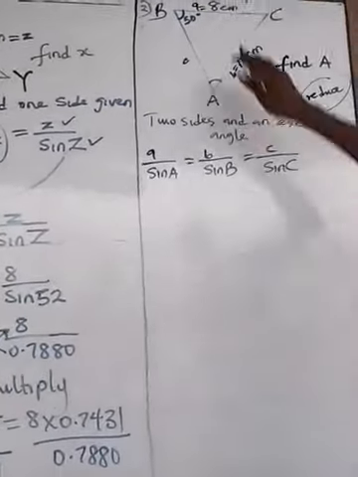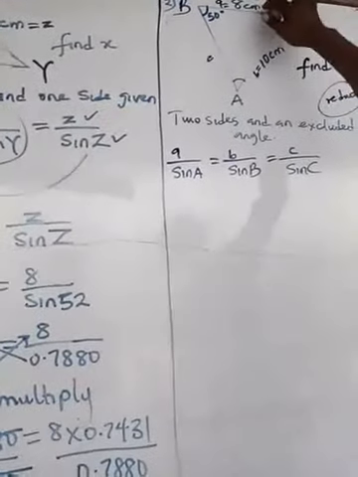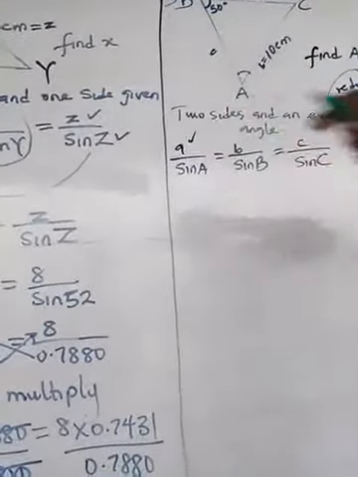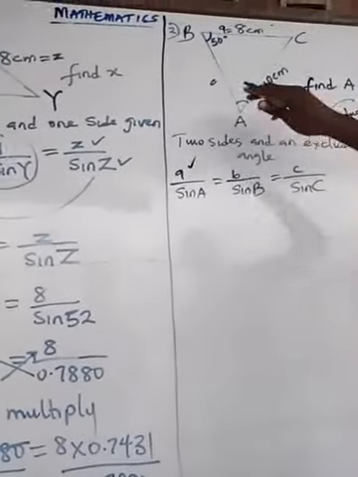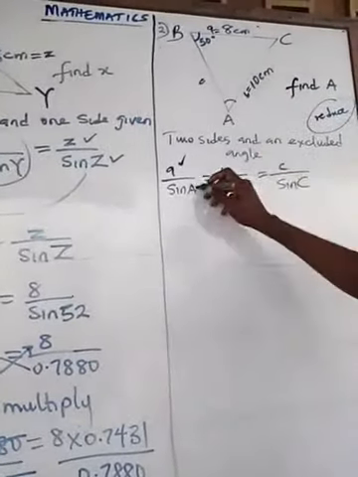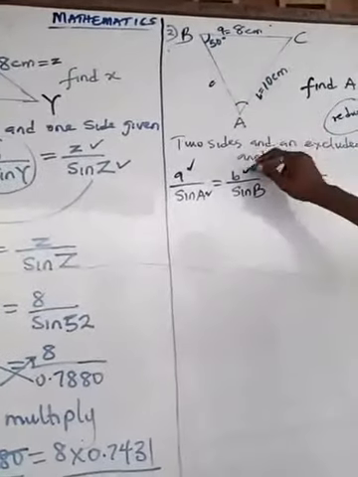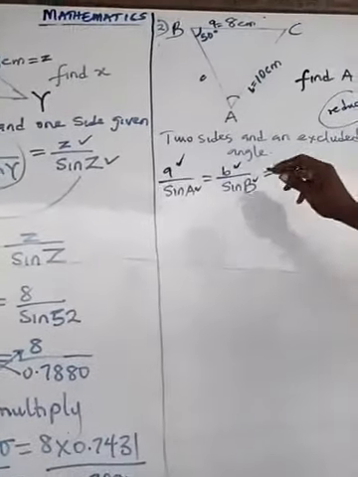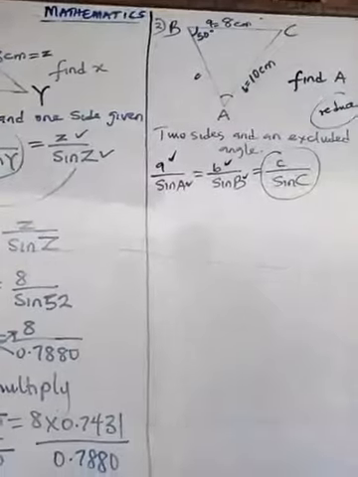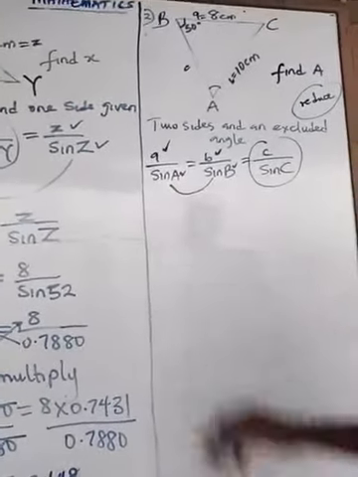Now let's see which two we'll use. We know side a, we are looking for angle A, we know side b, we know angle B, but we don't know anything about C. So the combination we are using is this.